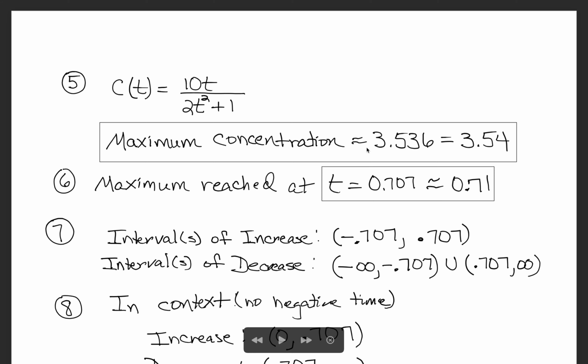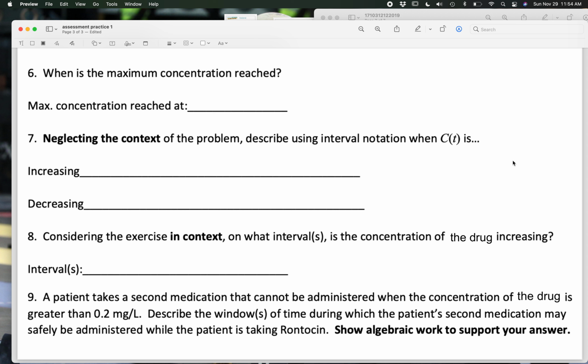Now, looking at what we have in the activity placing in context. For number 8, considering the exercise in context, on what interval or intervals is the concentration of the drug increasing? Again, we have no negative time, so in this particular case, we're just starting out at time t is equal to 0.